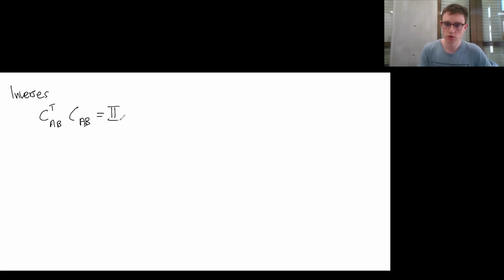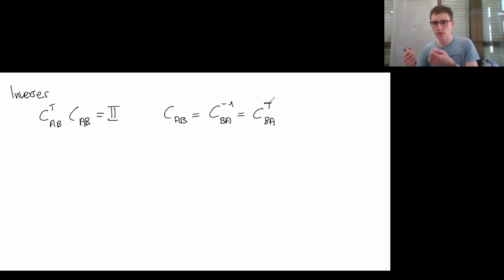And what's also important to notice is that the rotation matrix C_AB is the inverse of the rotation matrix C_BA. And by the rule to the left, this is C_BA transposed. So to invert the rotation matrix, you merely have to transpose it. And it also means that where before it was going from A to B, it is now going from B to A, just the reverse. So that's easy.